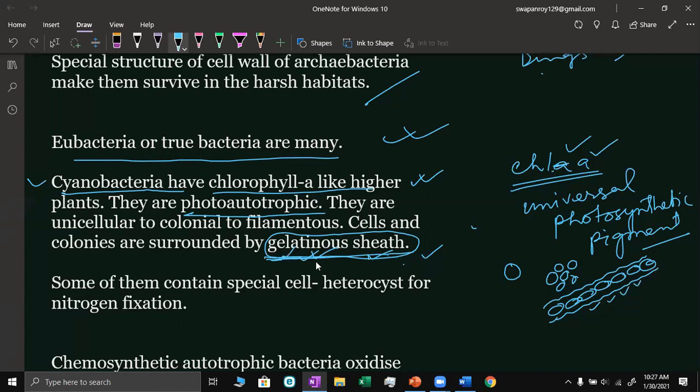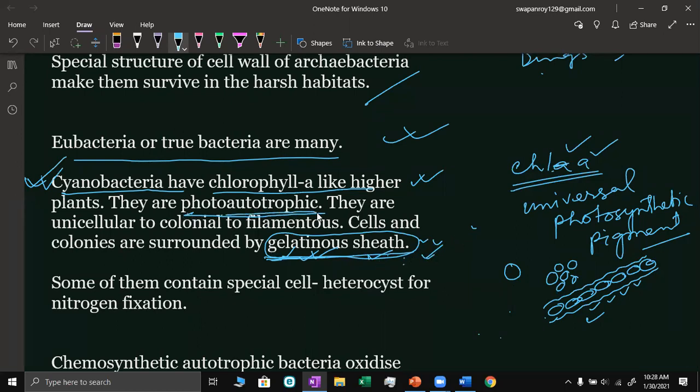Due to the gelatinous substance they are very slippery also, on the floor or on the road, wherever there is a little wet condition and a little water accumulation. In that water cyanobacteria grow and make the surface slippery, and many times we slip and fall flat. So this is a very important thing for them.